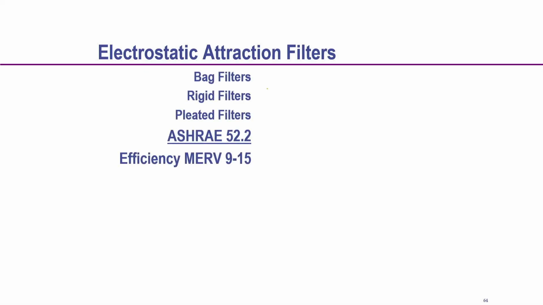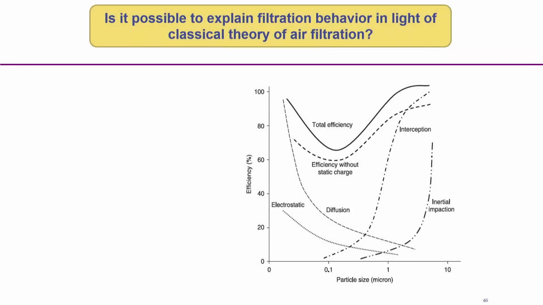So, it can be used for back filtration, rigid pleated filter, MERV 9 to 15 we get from the electrostatic charge. Now, we can see with the particle size what is the type of efficiency we get.